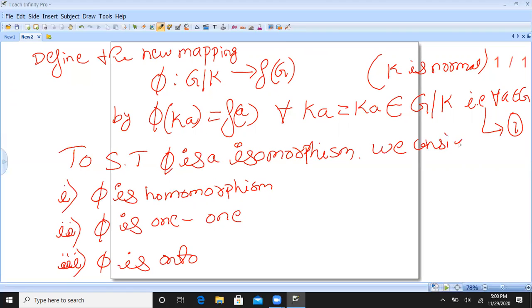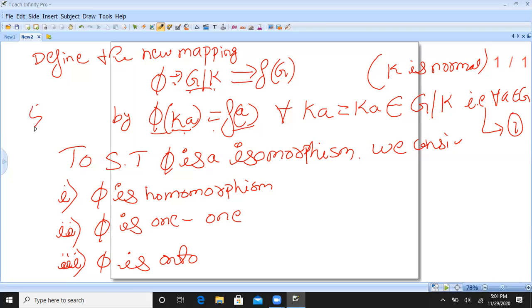First, phi: G/K → f(G). K is normal, therefore phi of K is the kernel of the homomorphism. Phi of Ka is equal to f(a), because phi maps G/K to f(G).